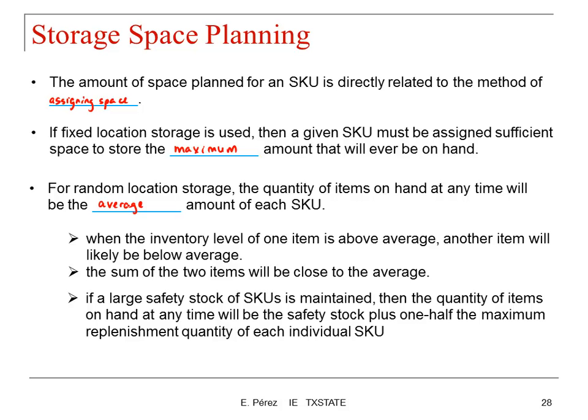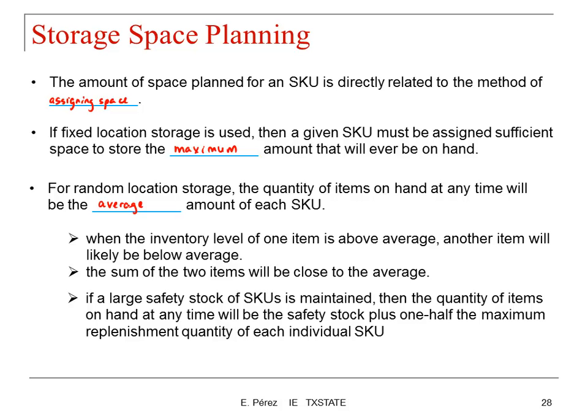And for random location storage, the quantity of items on hand at any time will be the average amount of each SKU. So when the inventory level of one item is above average, another item will likely be below average, because that's what's going to happen. The sum of the two items will be close to the average.